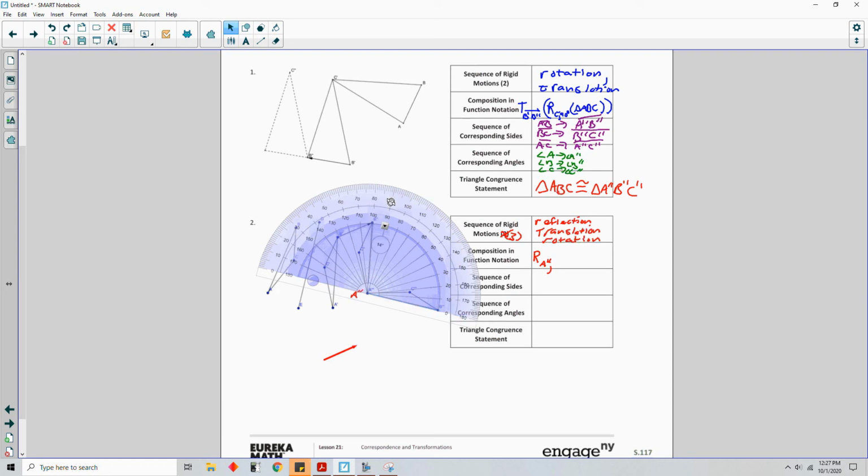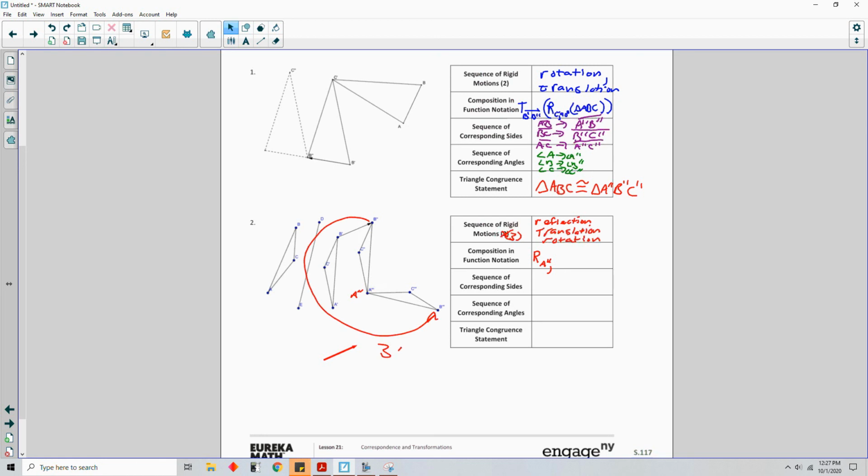Okay, but to get it from here to here, I had to rotate it clockwise 100 degrees. So a clockwise rotation of 100 degrees is a counterclockwise rotation of 360 minus 100, or 260 degrees.